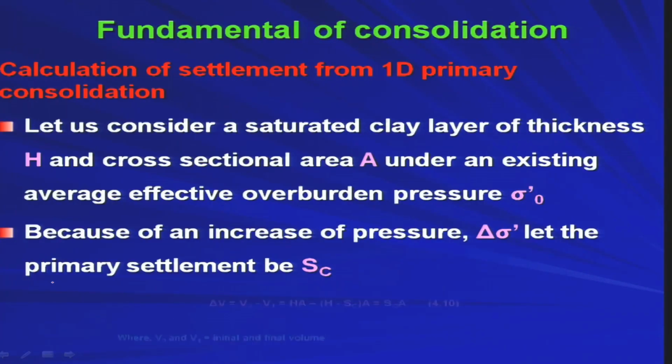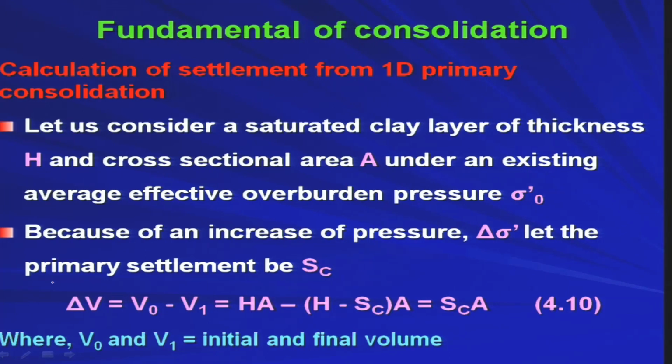If that is true, then delta V, the change in volume, is nothing but V naught minus V1, where V naught and V1 are the initial and final volume of the soil deposit, equal to HA, the thickness into cross sectional area, that gives the initial volume, minus (H minus S_c).